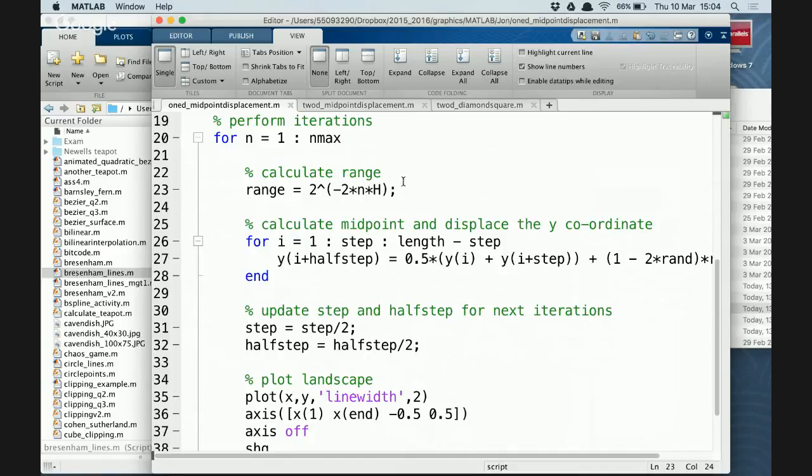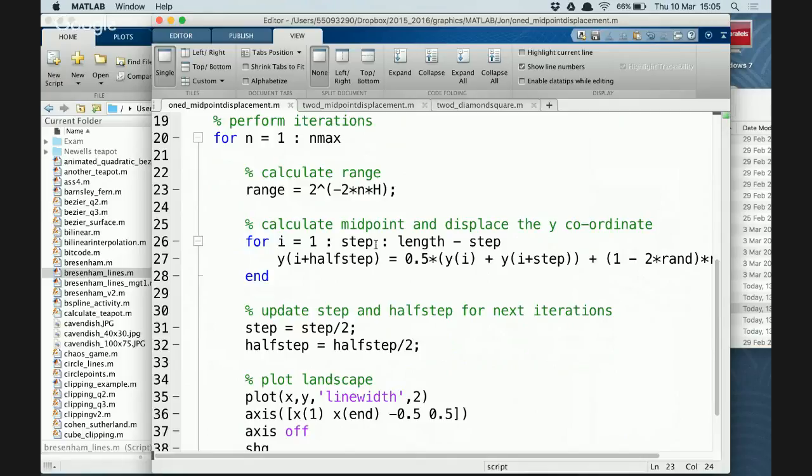Then what we do is we loop through all the midpoints. The first midpoint will be 1 in step lengths of step. Whatever step is at the start, step will be 32. So 1, add 32, you end up at 33. And we stop at length minus step.